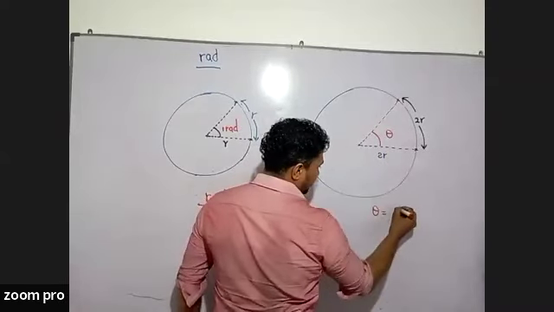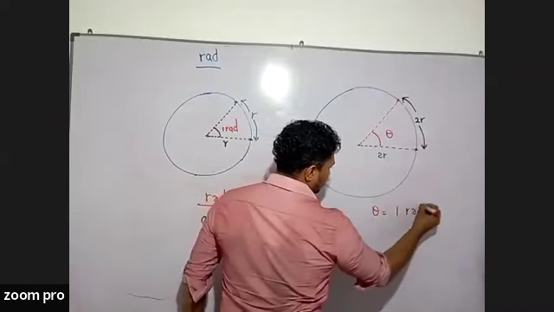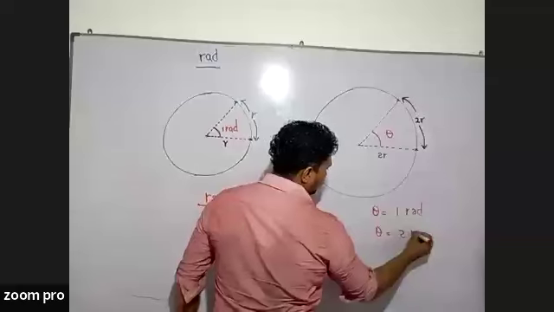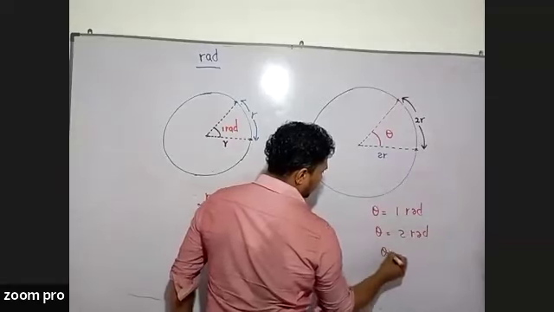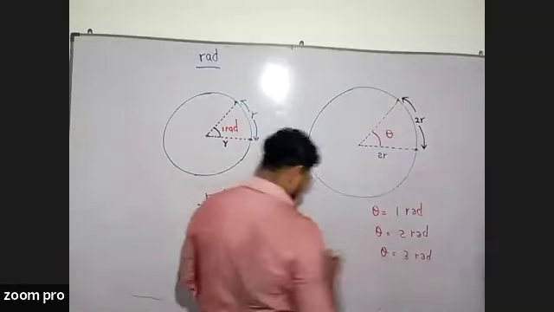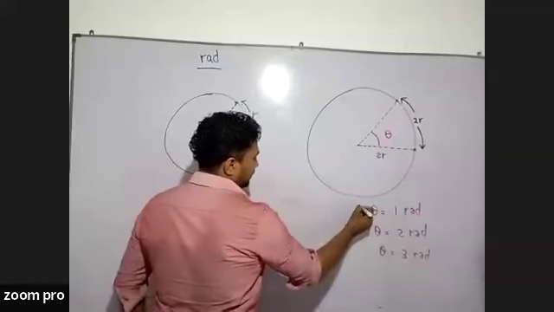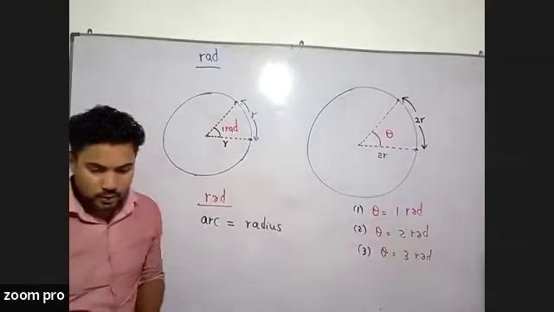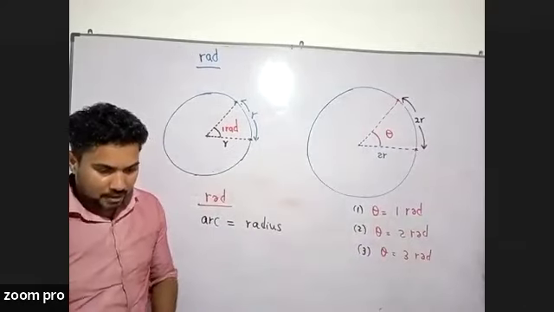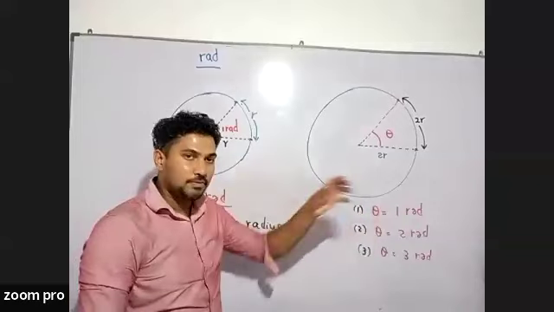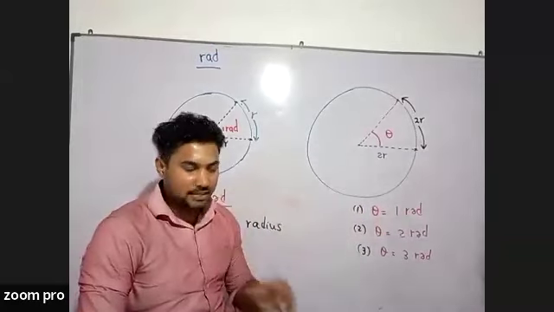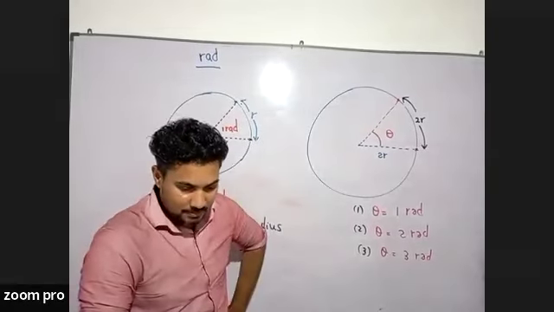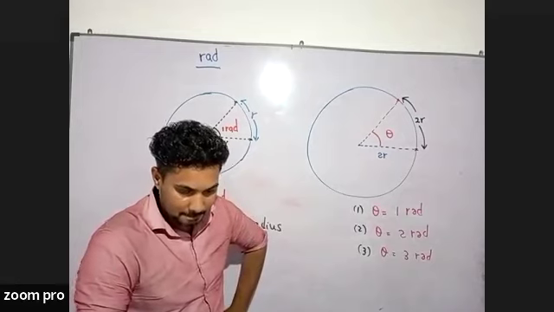I will give you 3 answers: theta is equal to 1 radian, or 2 radian, or 3 radian. Tell me what the correct answer is: 1, 2, or 3. I'm asking this question to check whether you have understood the definition of radian. Just give me your answer.